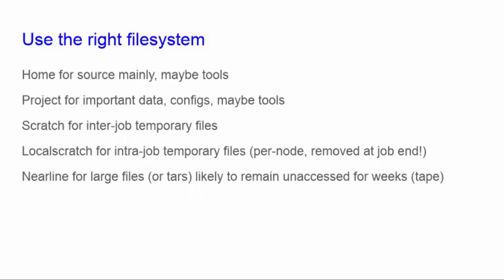For instance, local scratch, the fourth line there, is per node on systems that have it, not all do. It's a local SSD, so it's very fast and very low latency. That's different from basically all the other file systems. They may be fast in aggregate, but their latency is always going to be significantly more than you might be expecting.